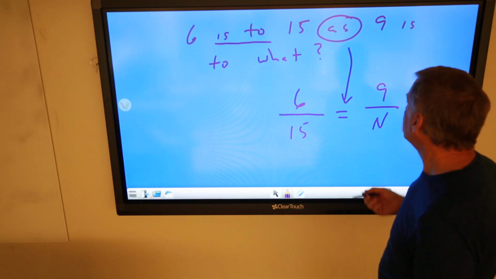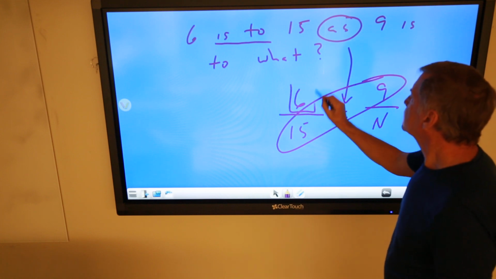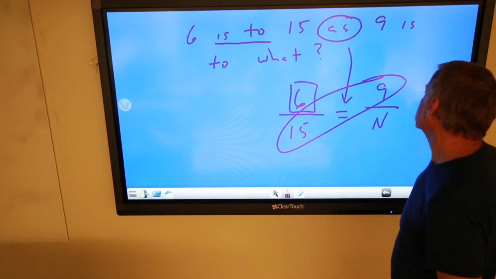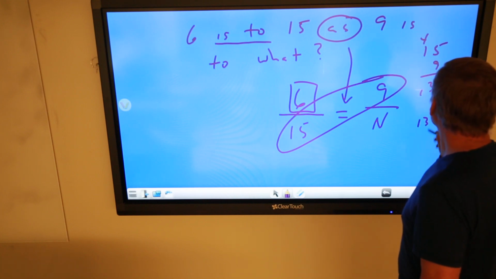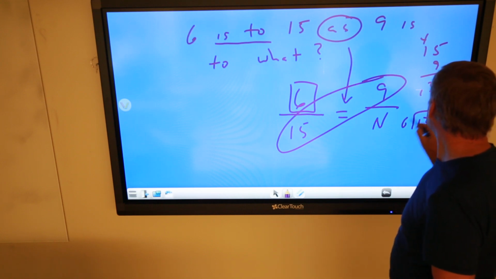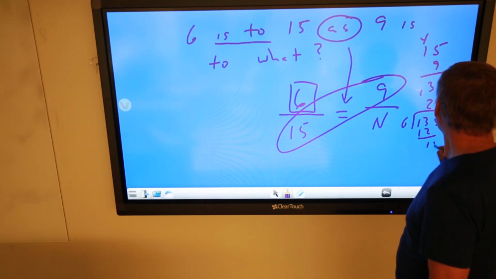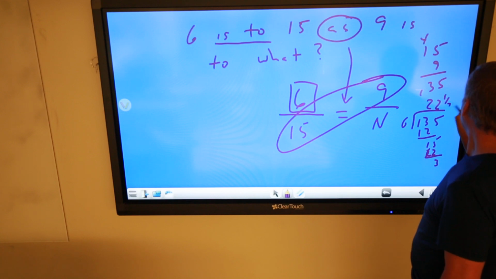There you have it. It's a proportion. 15 times 9 divided by 6. 15 times 9 is 135. 135 divided by 6 goes twice, and it goes twice more, 22.5.